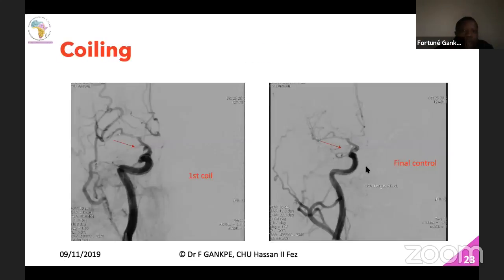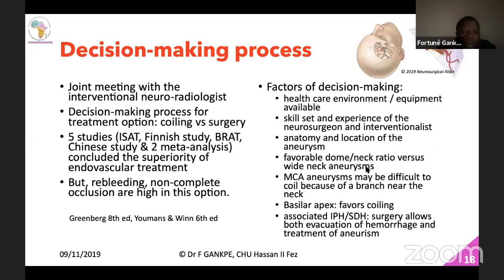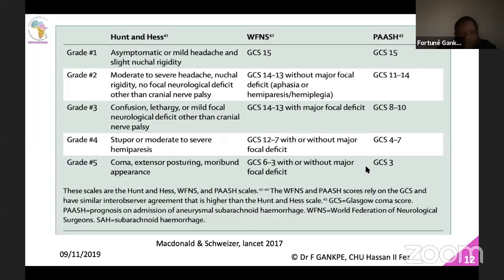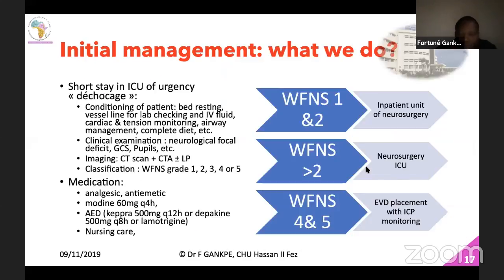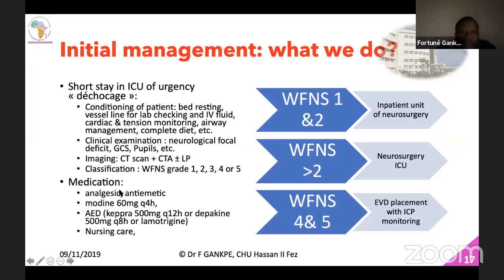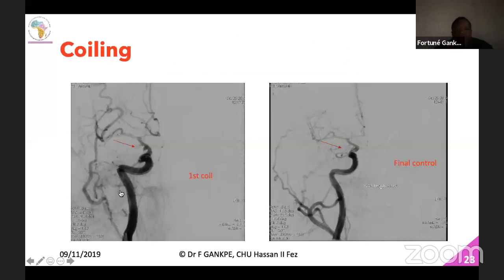Here I want to show you the coiling of the patient I presented previously. You remember this image? It's a woman who came to our department last week, and we performed the coiling.